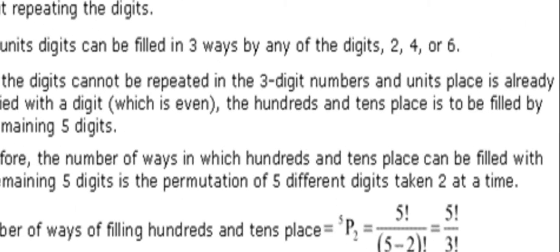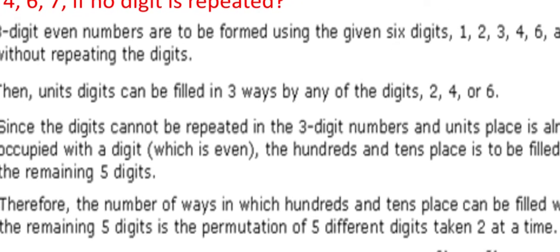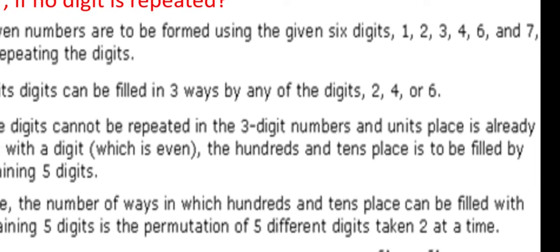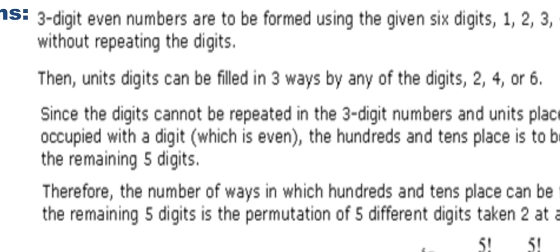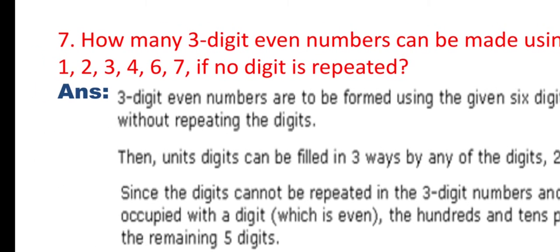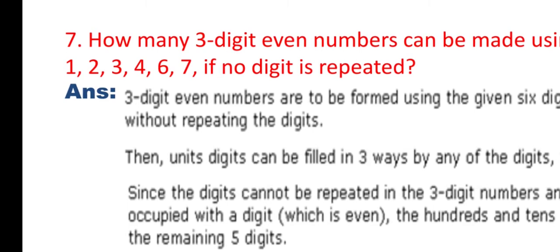So for the total number of ways, we can use permutation. The 100 place and tens place can be filled by the remaining 5 digits. The unit place can be filled only by an even number, so when one even number is put there, for the rest, we have to select 2 numbers out of these 5 numbers.